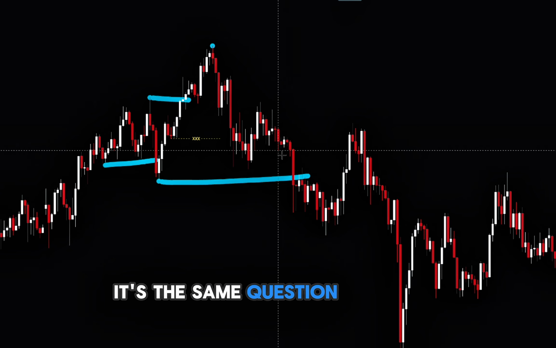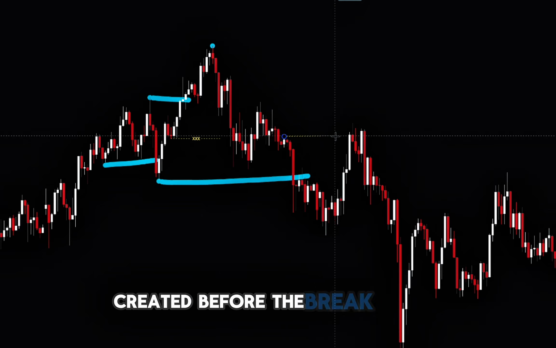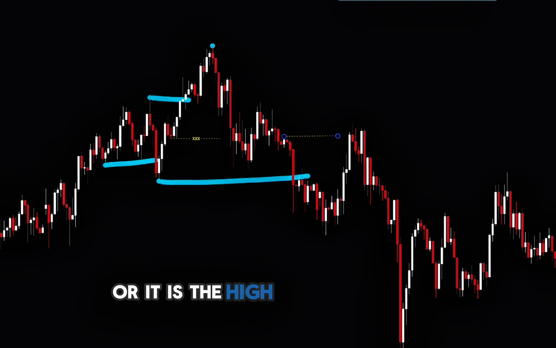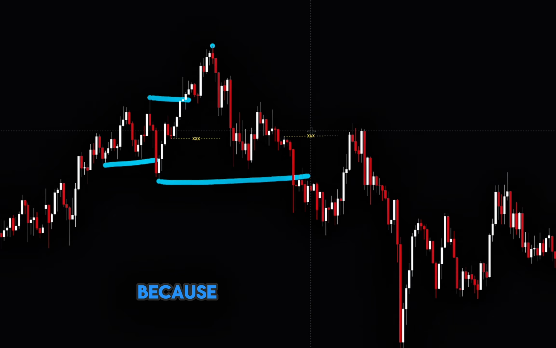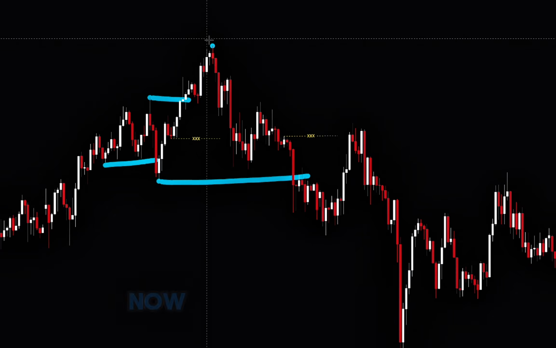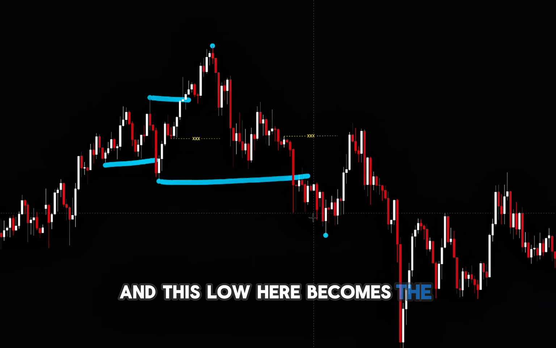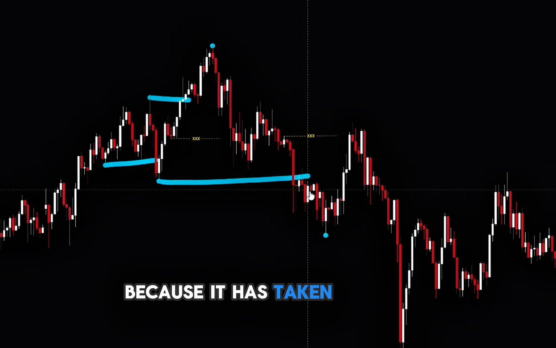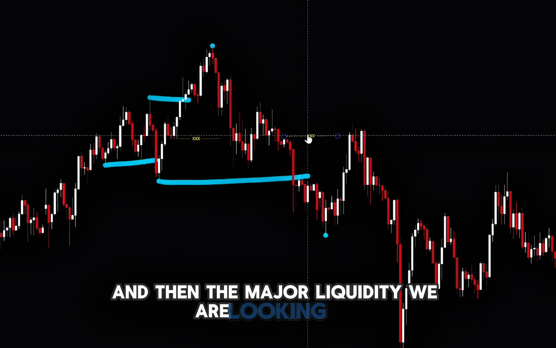It's the same question. So this is the high that was created before the break happened, or it is the high that caused the break. You are very interested in that high because that's where your liquidity is lying. Now this becomes your high, and you need to identify your major low. And this low here becomes the major low because it has taken liquidity from all these highs and then the major liquidity we are looking for.